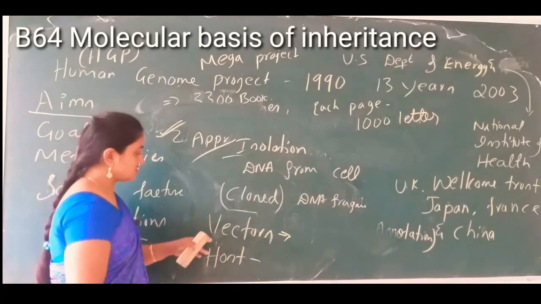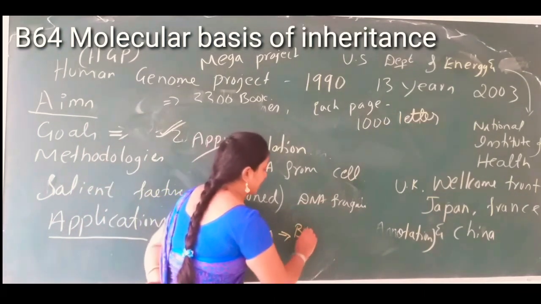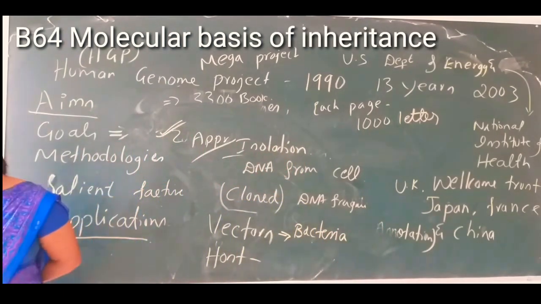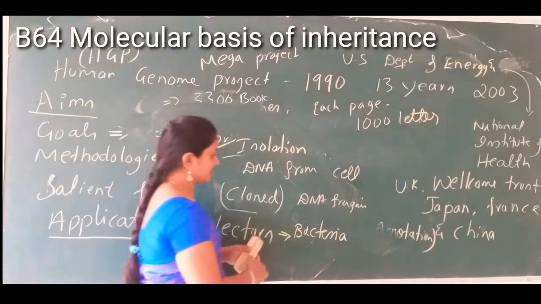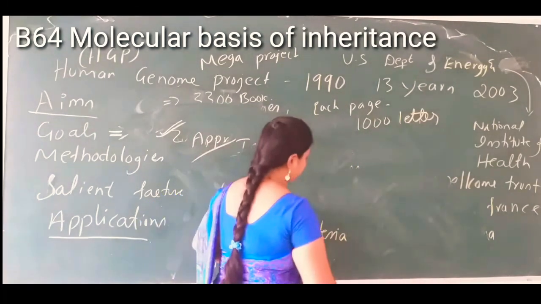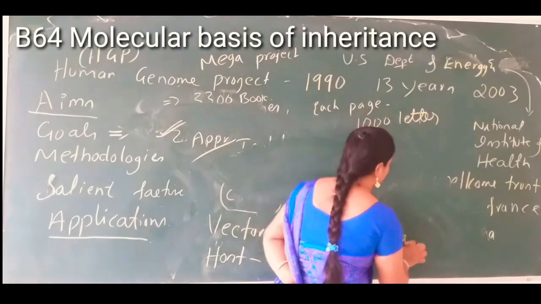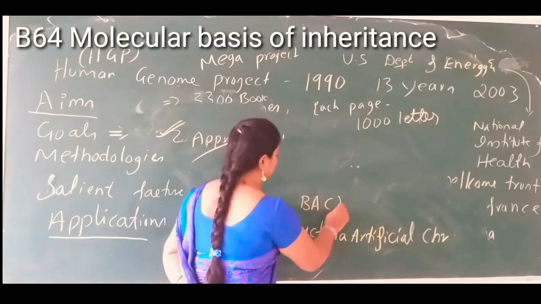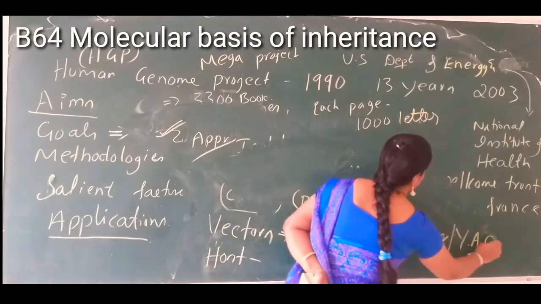Here the vectors are bacterial artificial chromosome, in short BAC, and yeast artificial chromosome.